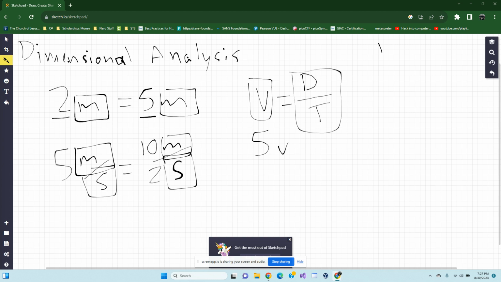I'm trying to think of an example. Let's say we have velocity equals 2 pi r over time. So 2 pi r is actually the equation for the circumference of the circle.